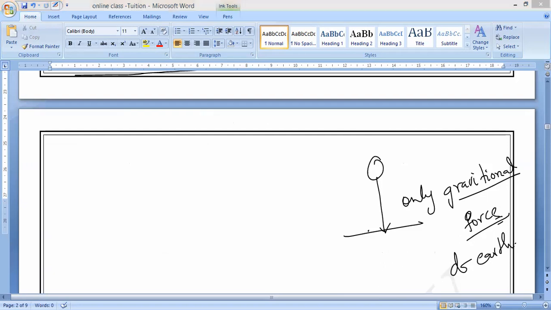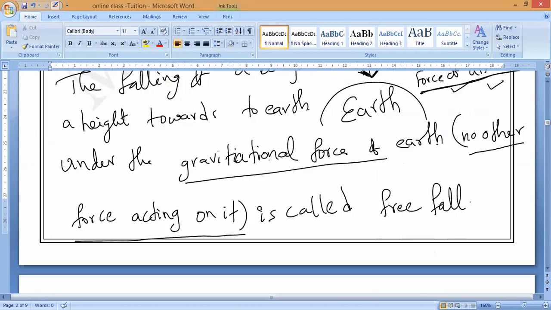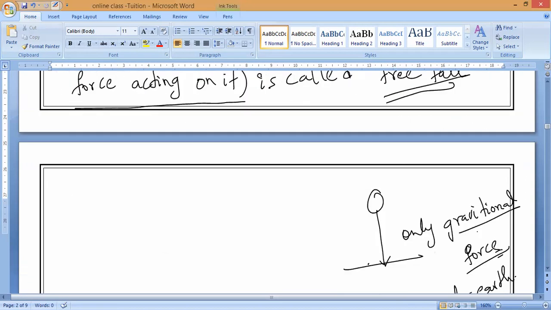Now let us see. The body which is under free fall is called a freely falling body. What should we call that? Freely falling body. The object which is under free fall, whatever the object, is called a freely falling body.